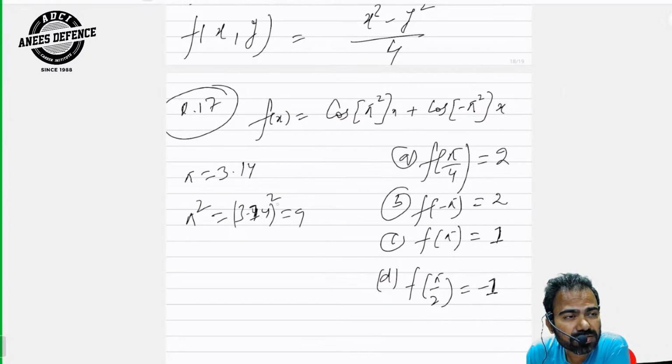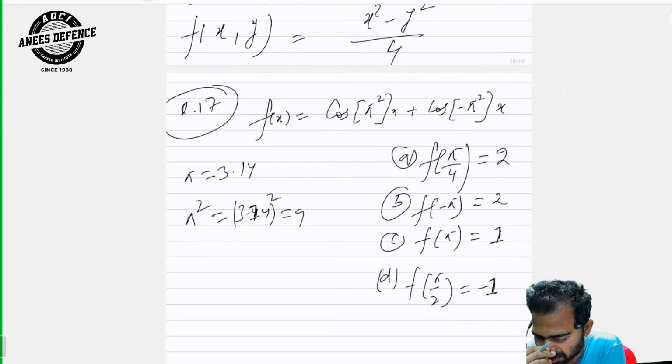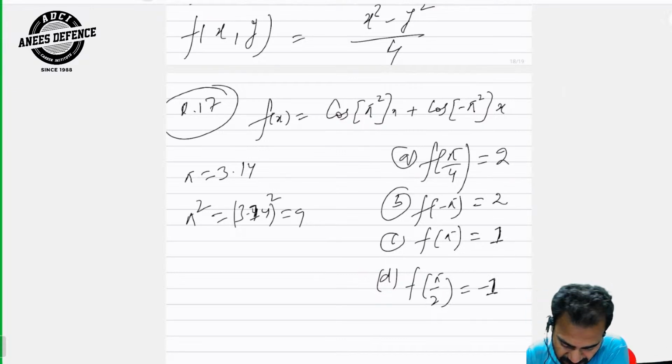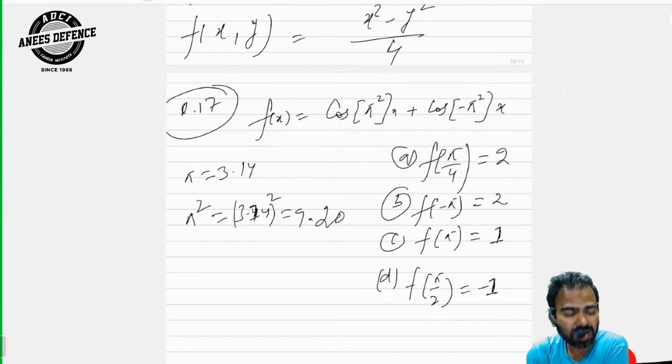How much is 3.14 square? It is 9.2 approximately, okay?